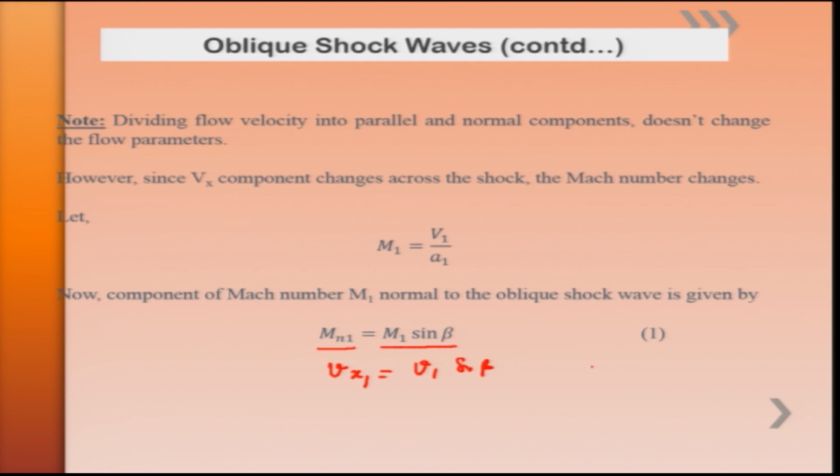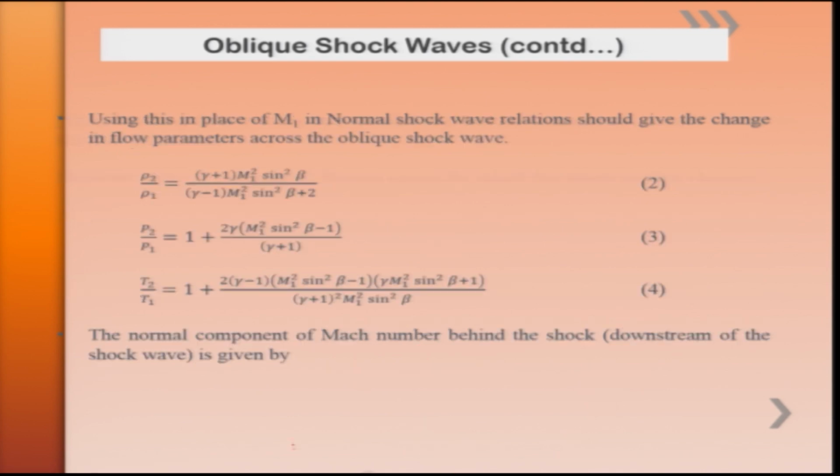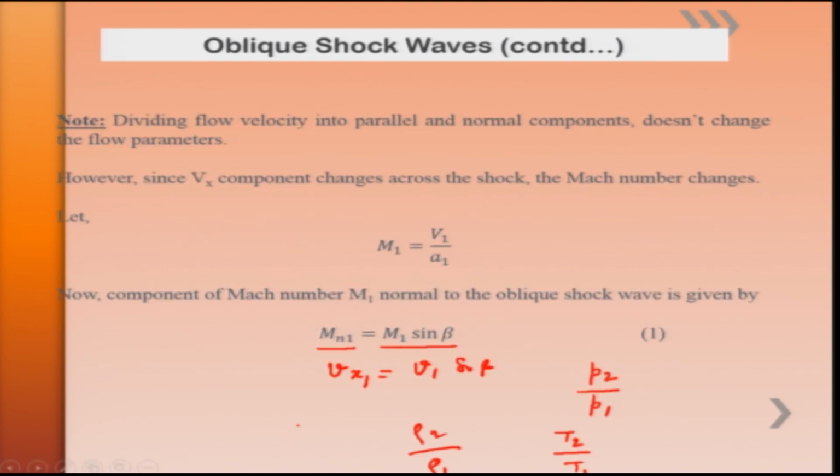we have developed the expression for a normal shock wave, P2 by P1, T2 by T1, rho2 by rho1 and P02 by P01, if we replace M1 with Mn1, then we will readily have the oblique shock relationship.